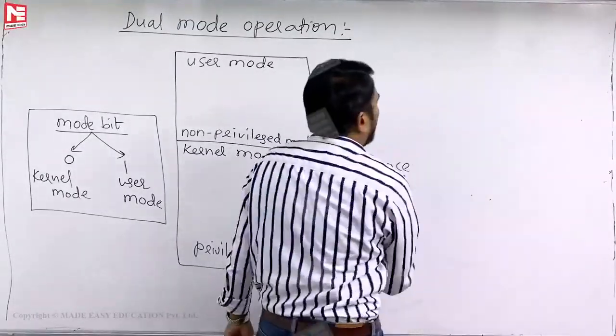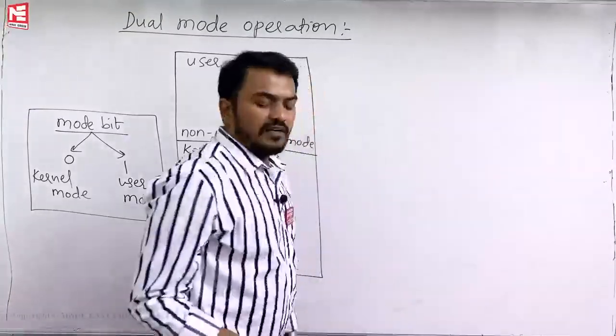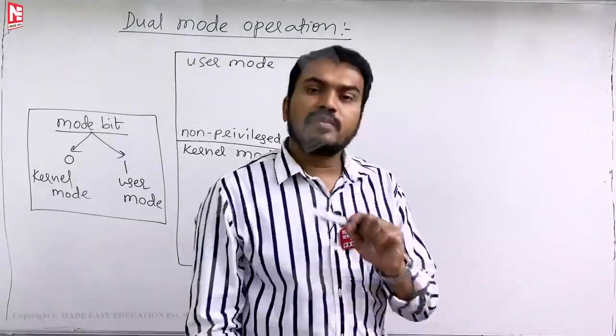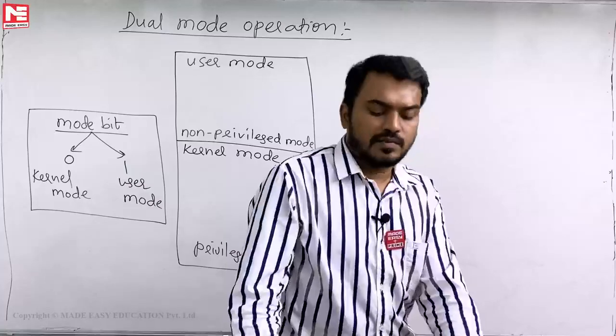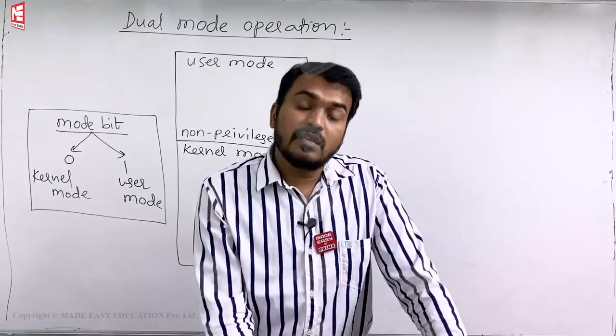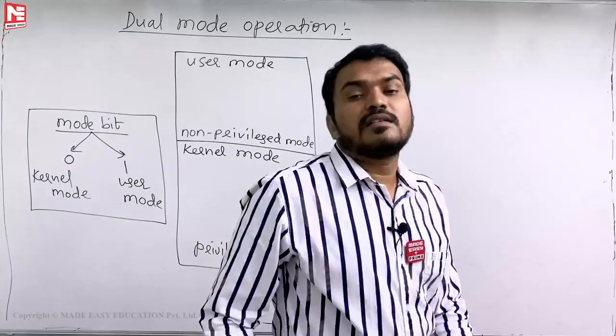Next, now understand the next point. We said that privileged instructions are executed in the kernel mode and non-privileged instructions are executed in the user mode. Understand carefully. So what are called privileged instructions?